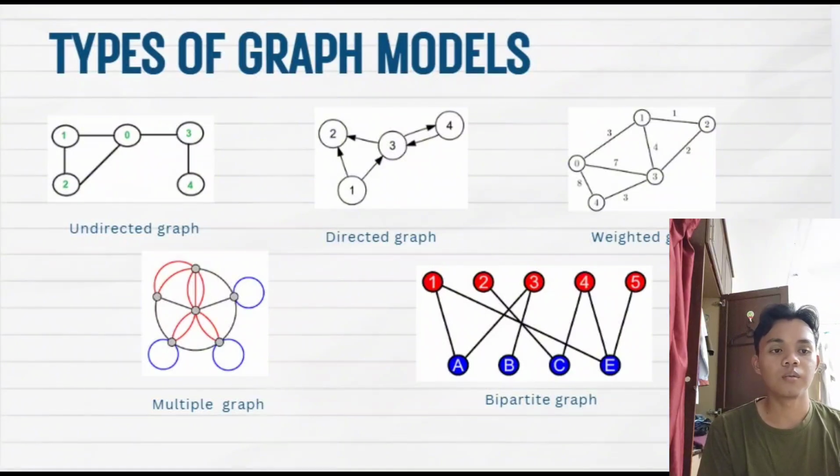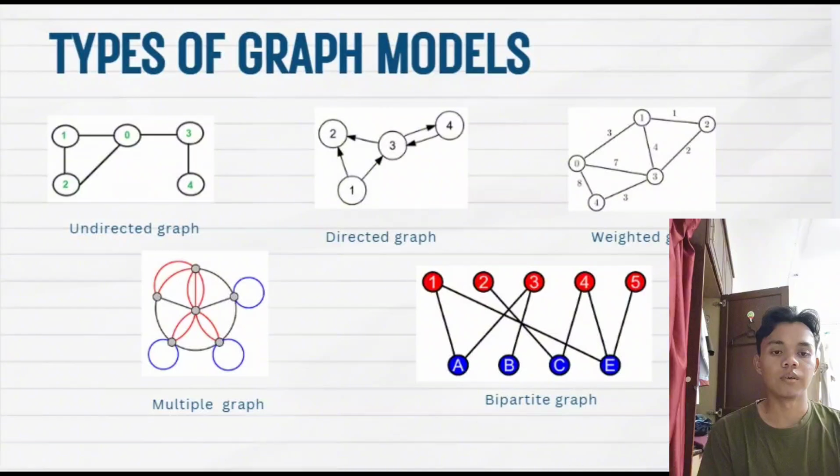And third, we have the weighted graph, where each edge has a weight representing the strength or cost of the relationship.